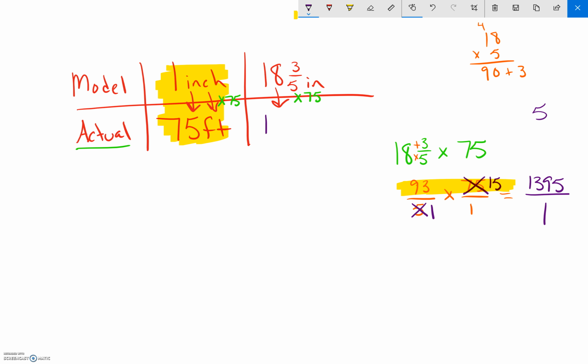So that would go here. 1,395 feet would be the height of the actual building if the model was 18 3/5 inches. So every inch on the model represents 75 feet in real life. So we would have a 1,395 foot building.